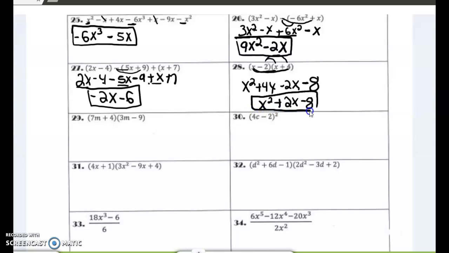All right. Next, again, a binomial and a binomial. We're going to use FOIL first, which would be 21m squared. Outer would be 7 times negative 9, which would be negative 63m.